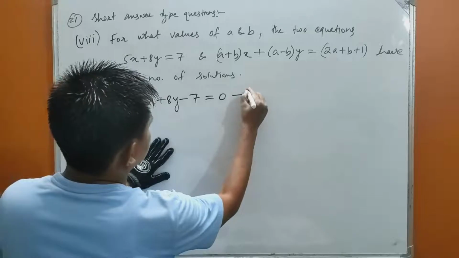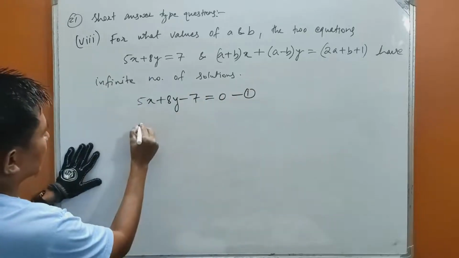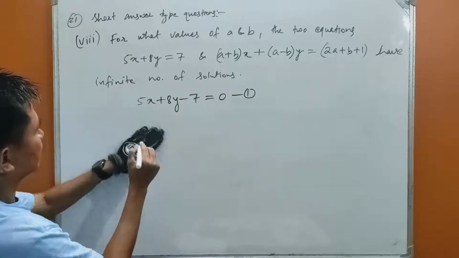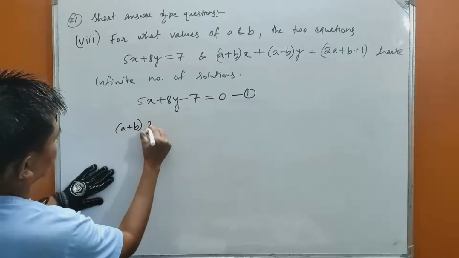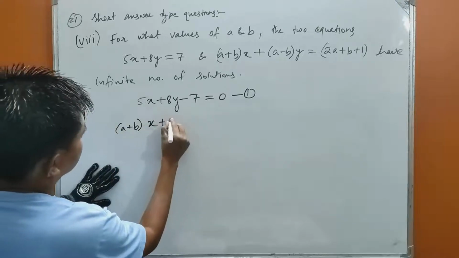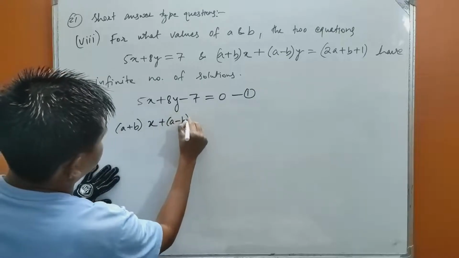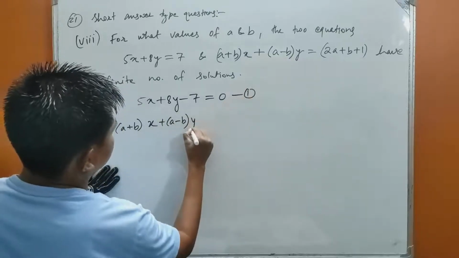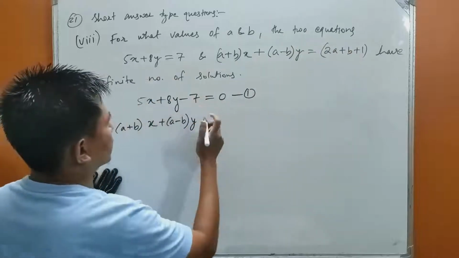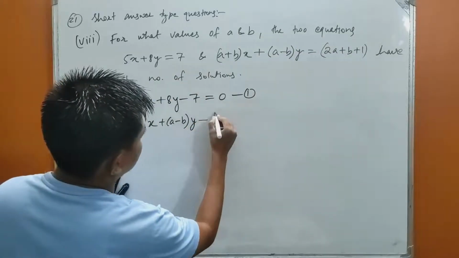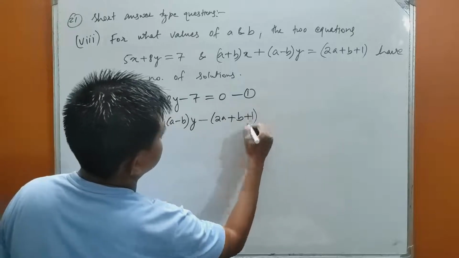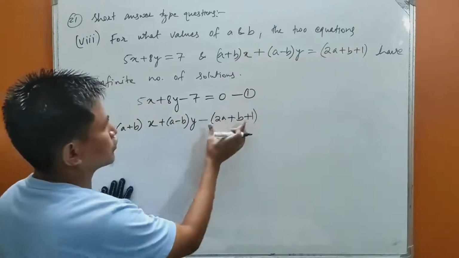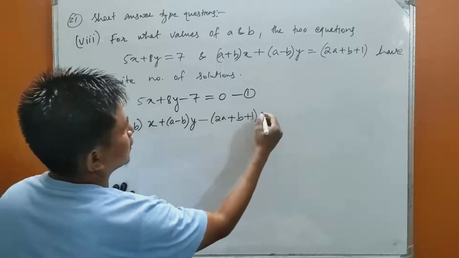This is equation 1, and equation 2 we have a plus b x plus a minus b y. Let us bring this to the left hand side, minus 2a plus b plus 1. This whole when brought to the left hand side becomes minus, equals 0.